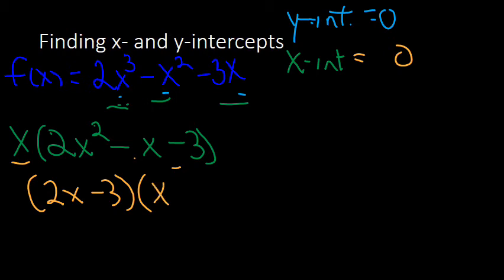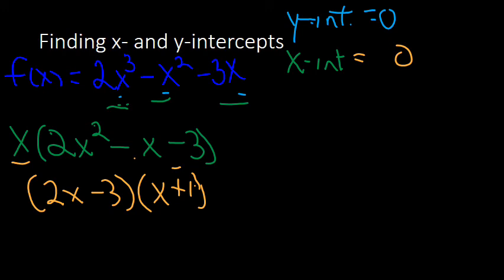But I can factor this by 2x minus 3, and over here I've got x plus 1. So if I were to FOIL that back, well, the 2x times x gives me 2x squared. I'm good there. 2x times plus 1 gives me positive 2x. But here I've got the minus 3x. It's going to give me the minus x. And then, of course, minus 3 times 1 gives me the minus 3. I'm cool. I've foiled that back.